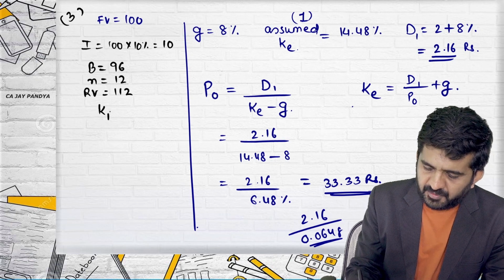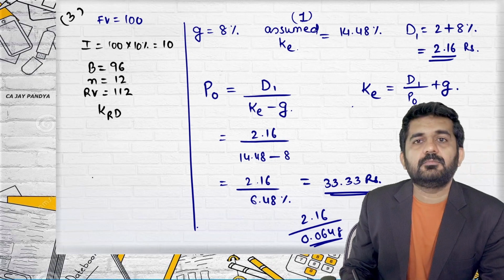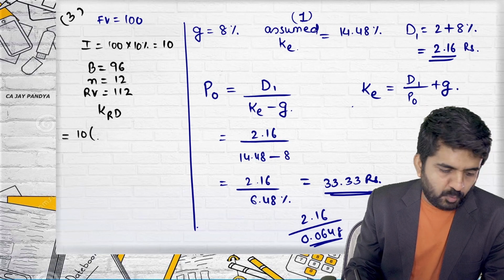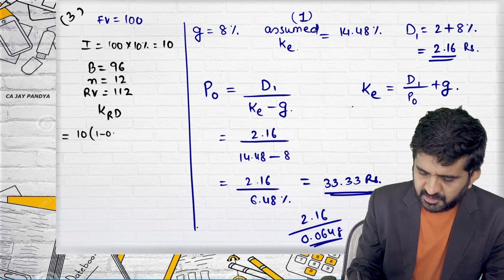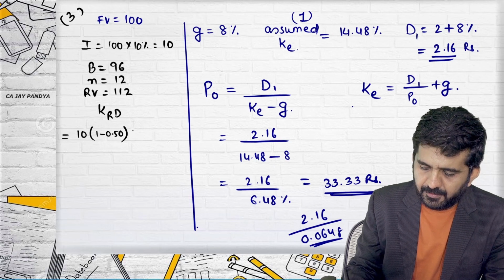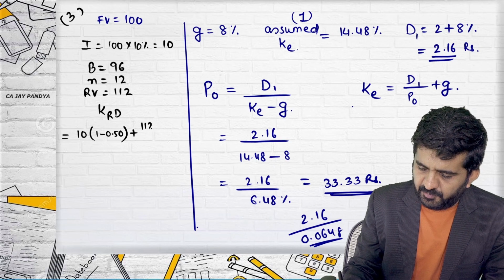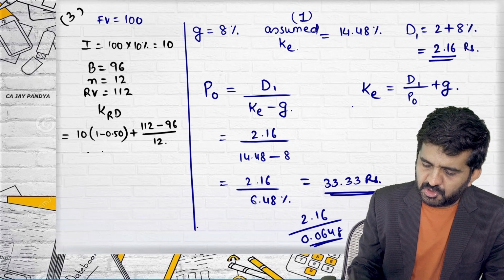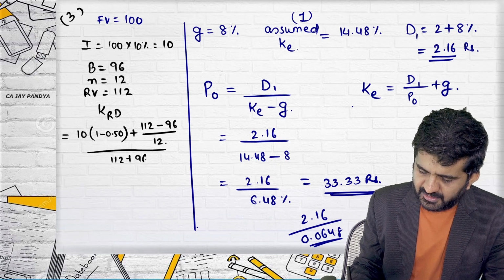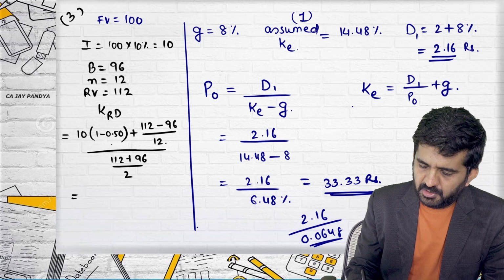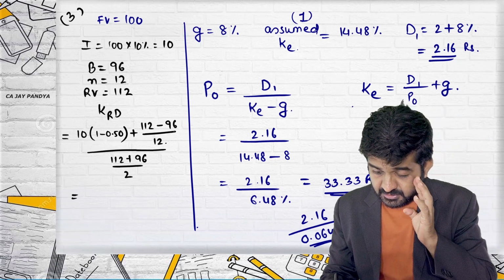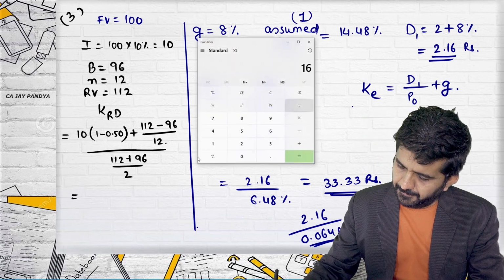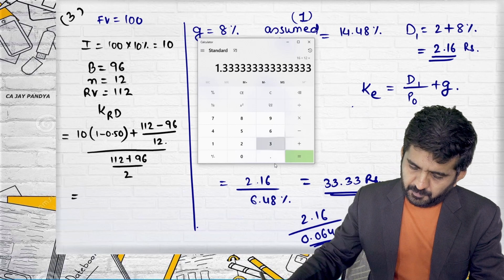What will be the cost of redeemable debentures? I am not repeating the formula, but it is interest into 1 minus T, where the tax rate is 50%, given over there, plus RV 112 minus B 96 upon N, which is 12, upon 112 plus 96 upon 2. This is 5, this is 4, and 12, 16 divided by 12, which is 1.33.